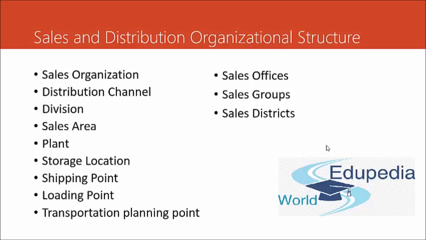We defined our transportation planning point and assigned that transportation planning point to the company code. We created sales offices and assigned those sales offices to our sales organization. After that, we defined sales groups and assigned sales groups to sales offices and talked about sales districts. So now we have successfully created an organizational structure of our enterprise in the SAP ERP system.